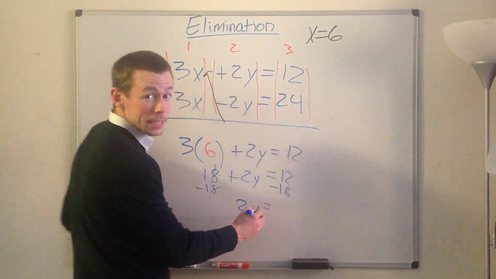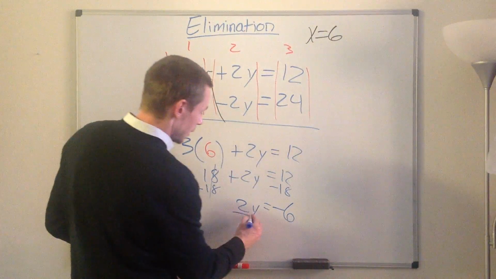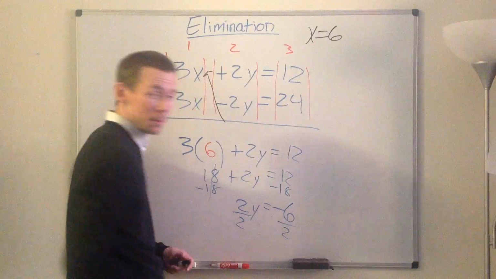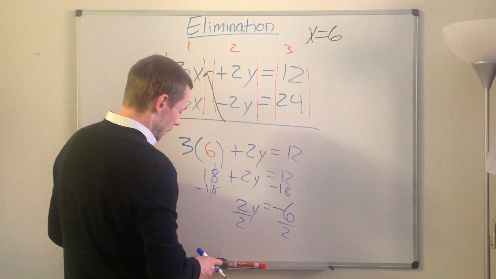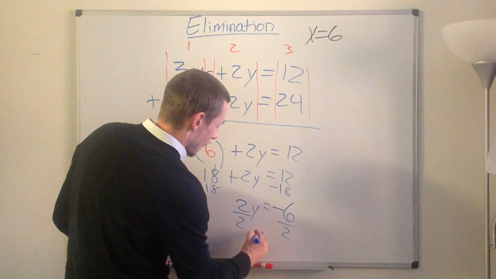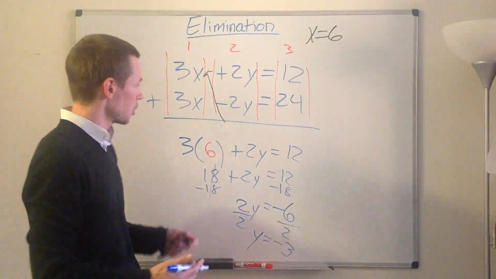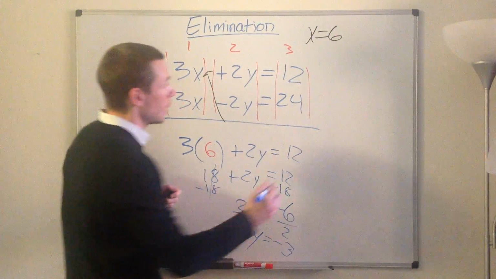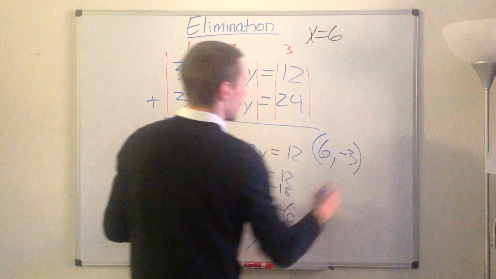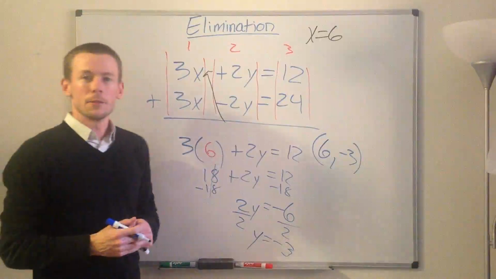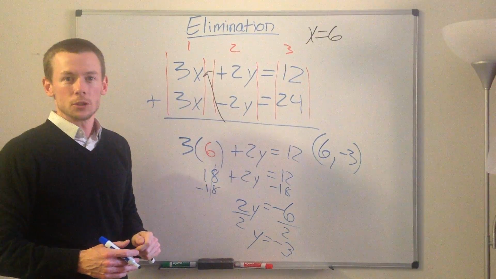And 12 minus 18 is negative 6. And then finally, divide both sides by 2, and I'm left with y equals negative 3. So my official answer as an ordered pair is (6, -3). That's the x and y that would make both of these equations true.